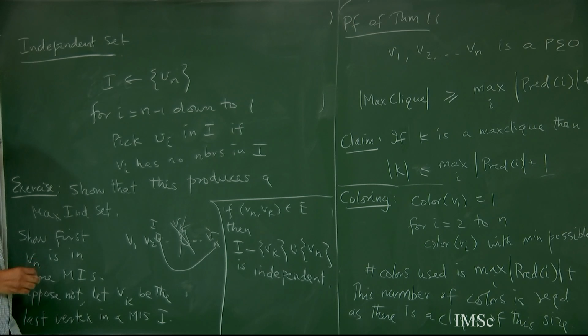Oh, you mean the earlier argument? Okay. So take the maximum index one, and the neighborhood intersection I. Okay, so I'll leave it here.